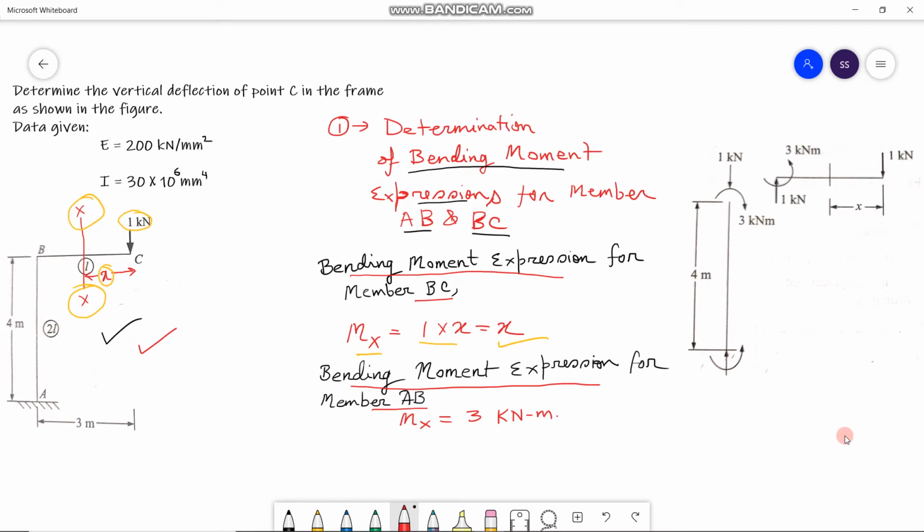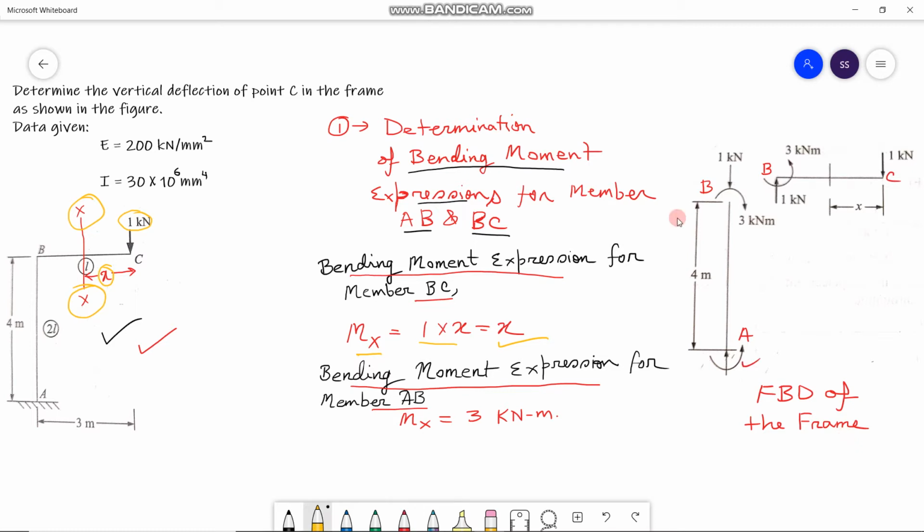This is the A point, this is the B point, and this is the C point of the frame.